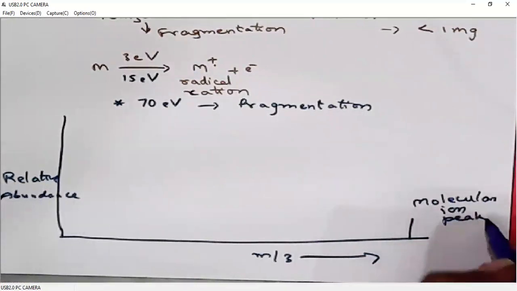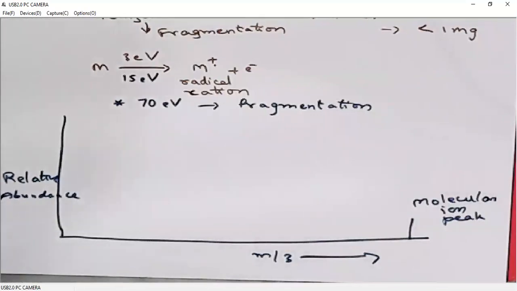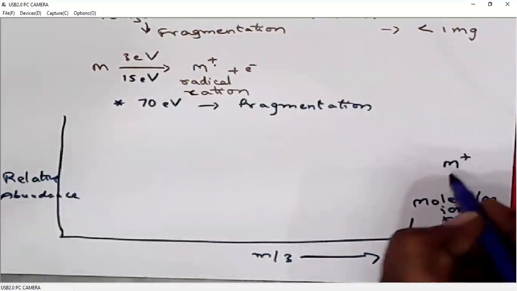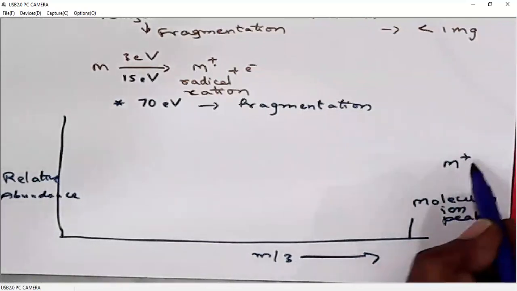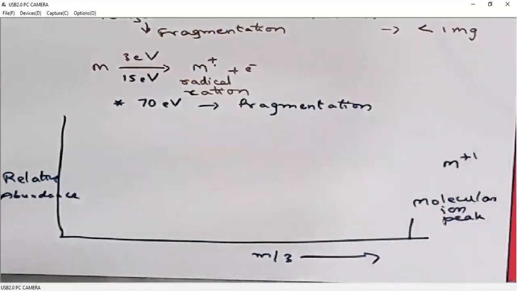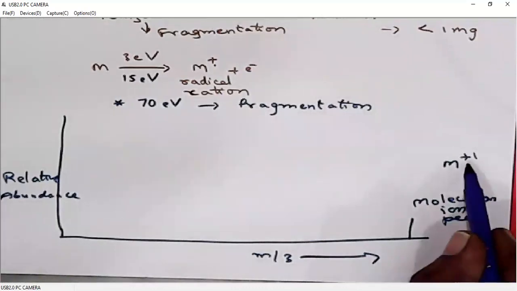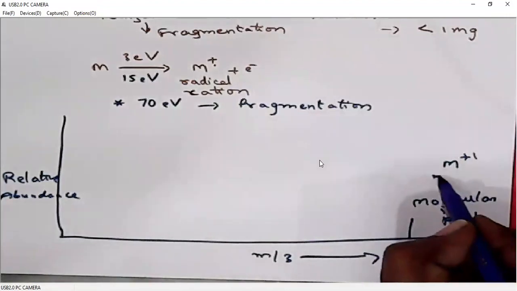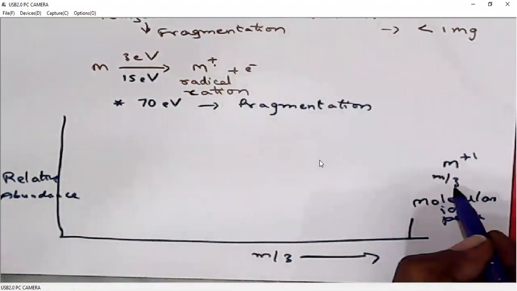Why do we call it the molecular ion peak? Because generally in the mass spectrum, the generated ions will have a +1 charge. So when we have m/z values, Z is 1.